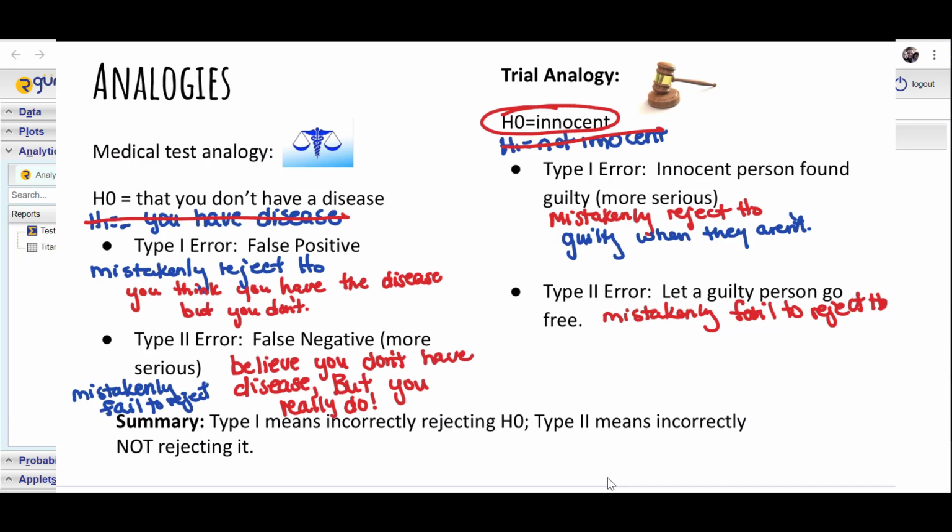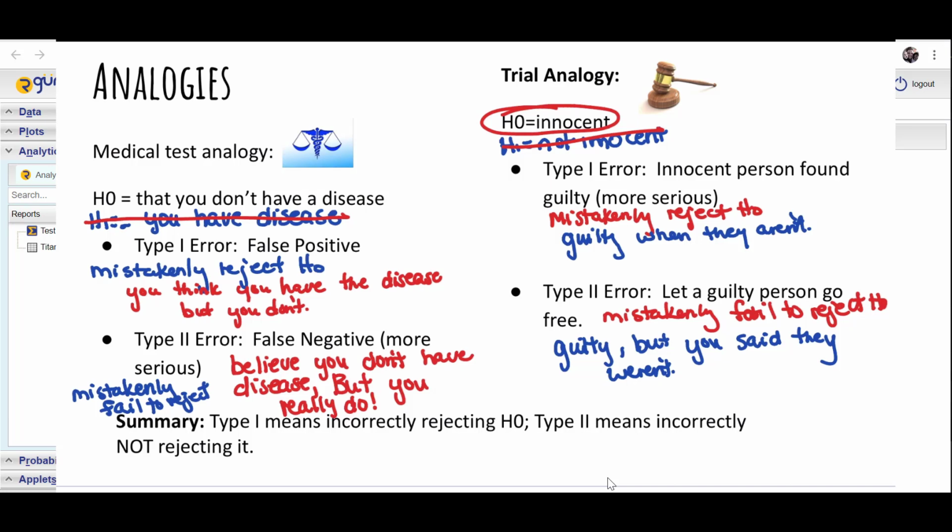So you don't have enough evidence to say that the person is guilty. So instead you say they're innocent. And so in that case, they're guilty, but you said they weren't, which means they get the get out of jail free card because they were not found guilty.